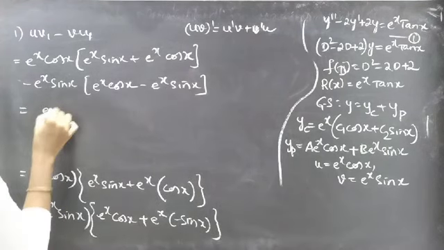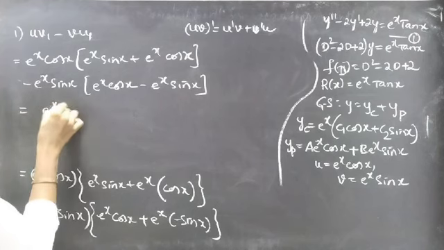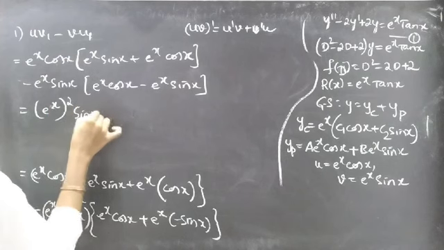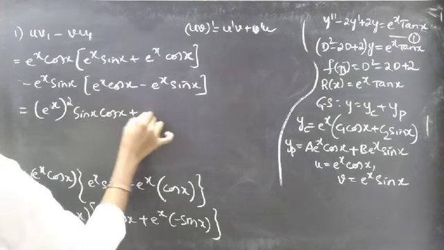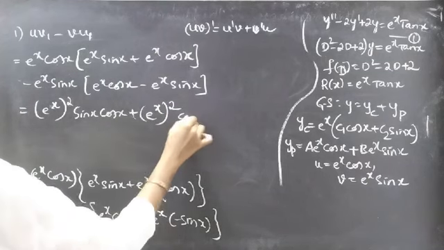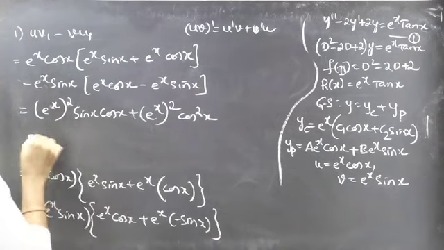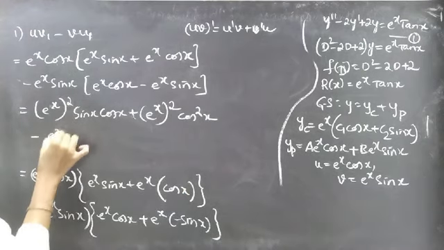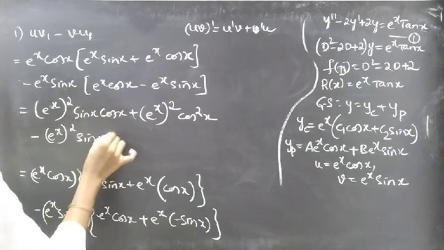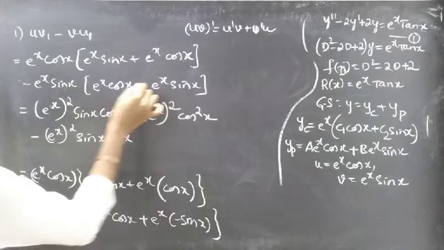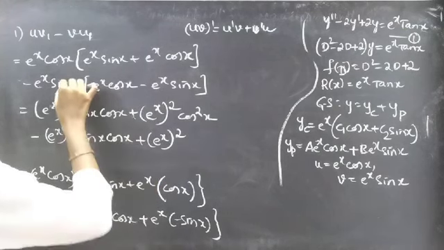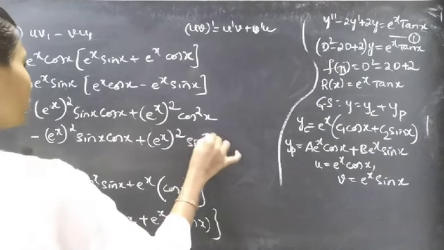Which is equal to e power x into e power x is e power 2x, or e power x whole square, sin x cos x, plus e power x into e power x whole square into cos x, cos square x, minus e power x into e power x whole square into sin x cos x, minus into minus plus e power x into e power x whole square into sin x is sin square x.